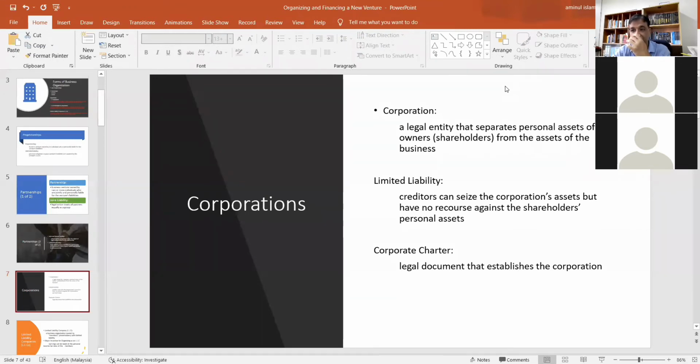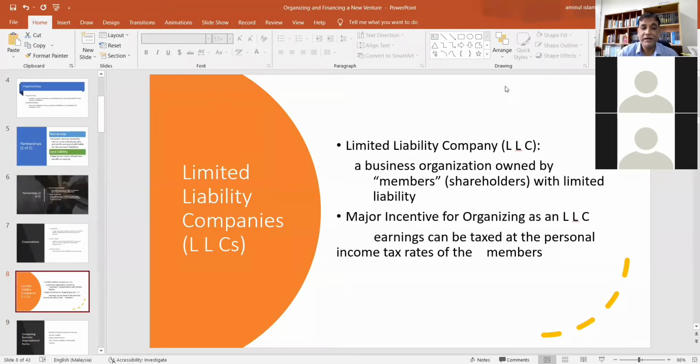If you have a sole proprietorship, you are subject to less legal framework compared to corporations. Even a partnership is subject to less legal framework compared to corporations. Now, the fourth one, as we said, will be the limited liability company. That's what we call an LLC.